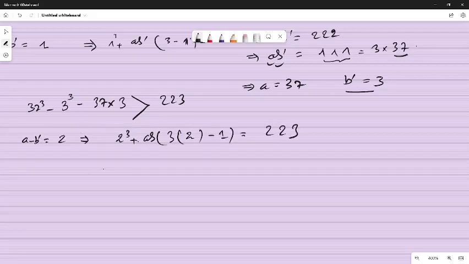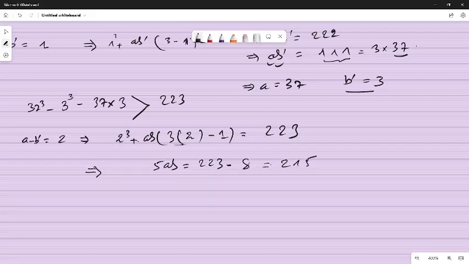This implies that 5ab prime equals 223 minus 8, which is equal to 215.